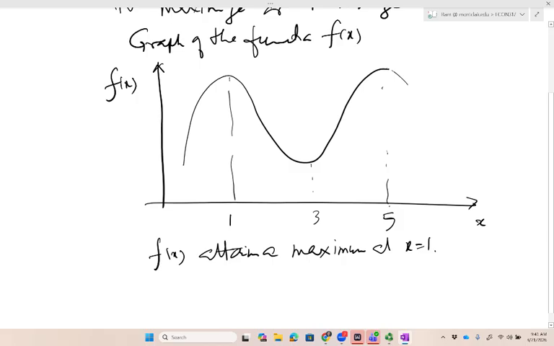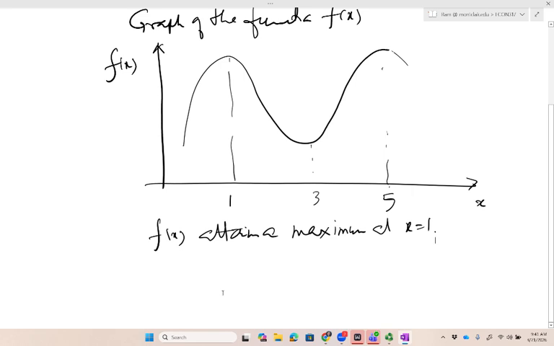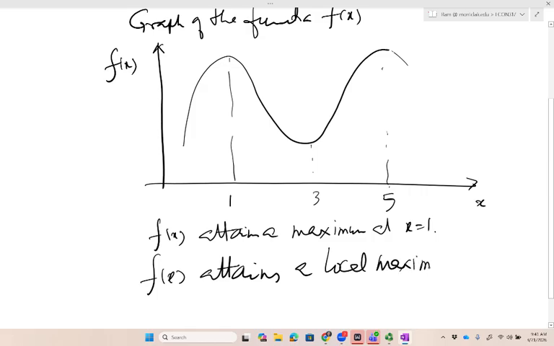So I will make it more precise to claim that the function attains a local maximum at x equal to 1. f of x attains a local maximum at x equal to 1.